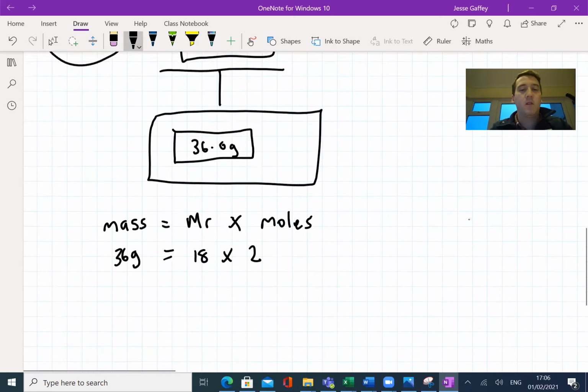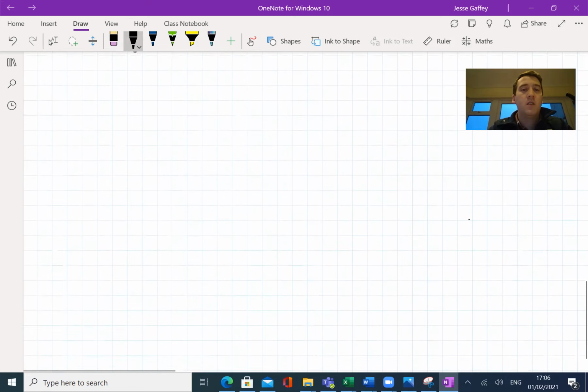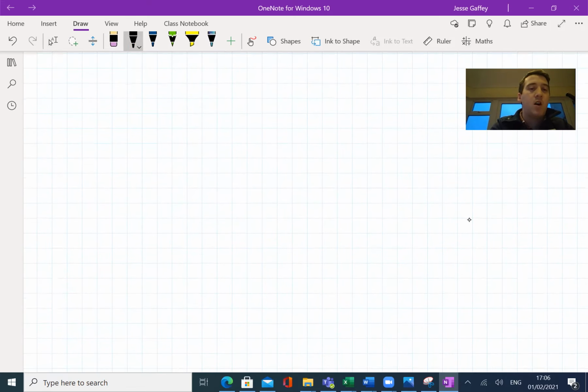Let's do another example. Say, for example, I've got this substance, CO2. This is called carbon dioxide. Carbon dioxide has a carbon atom joined with 2 oxygen atoms.